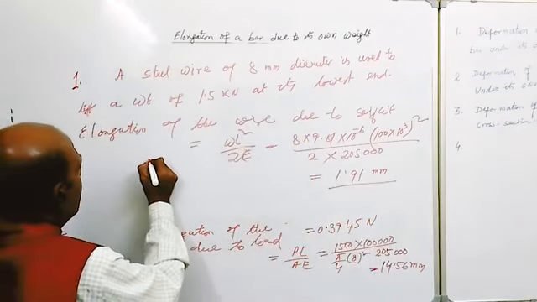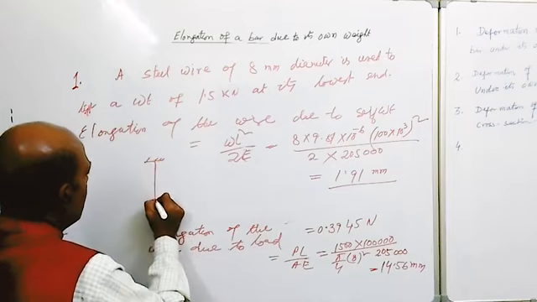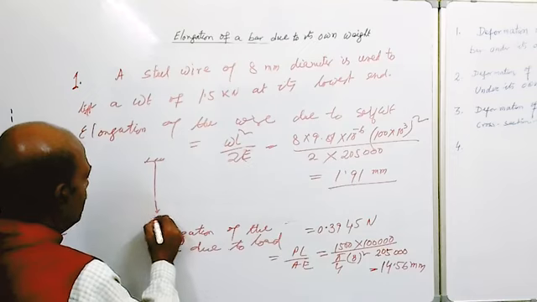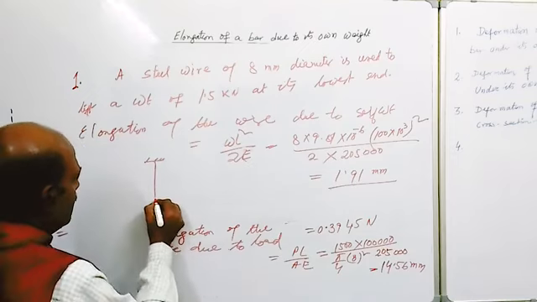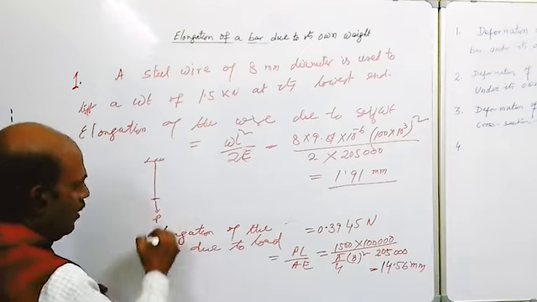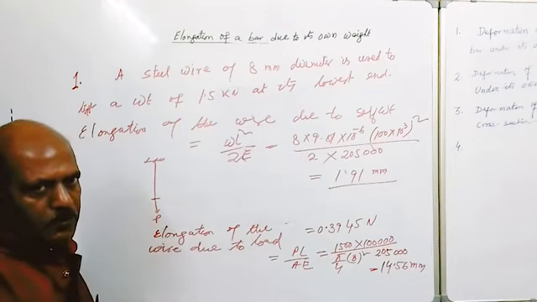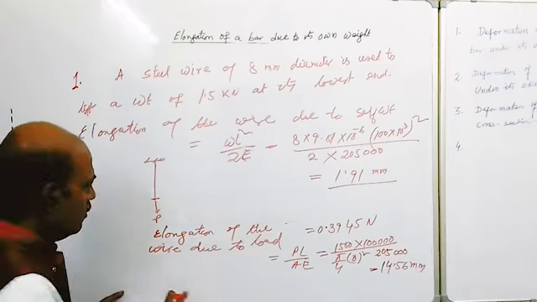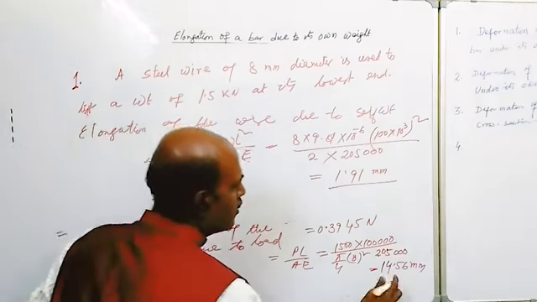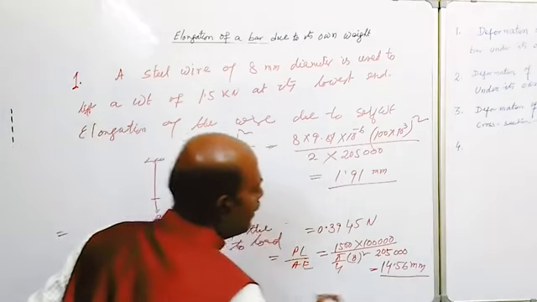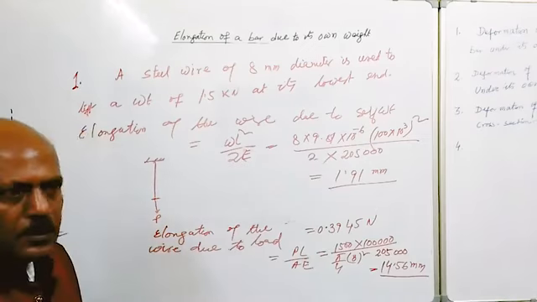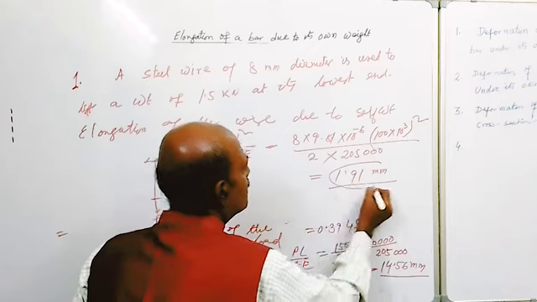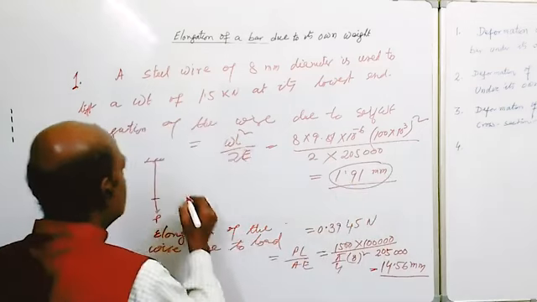So let this wire be under load P. Due to P the wire will extend, as well as due to the self weight the wire will extend. Because of the load, the deformation produced in the wire is 14.56 millimeter, and because of self weight the deformation produced is 1.91 millimeter.